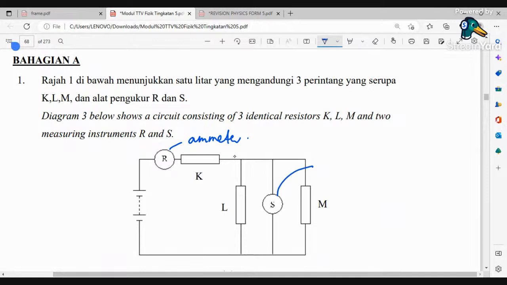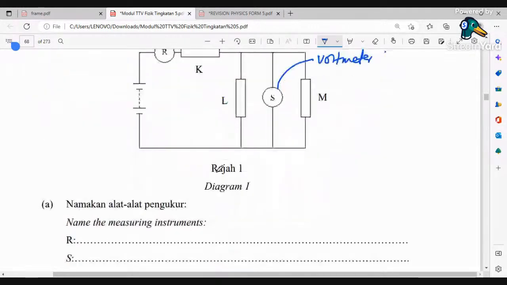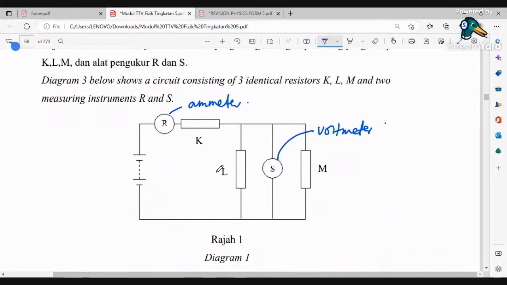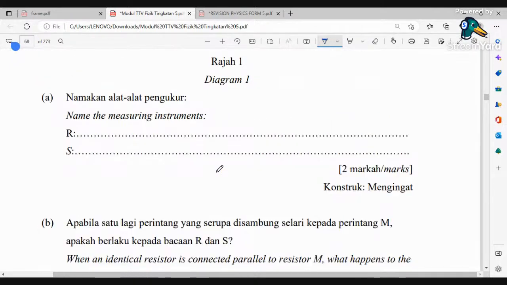The one that is connected in parallel is voltmeter. Ini saja yang kita ada untuk measure current dengan voltage. So R ialah ammeter, S ialah voltmeter.